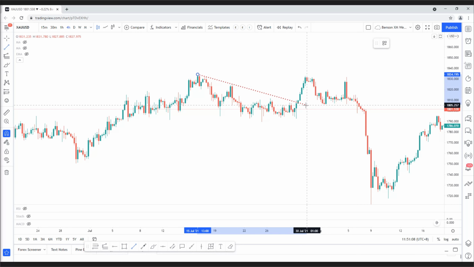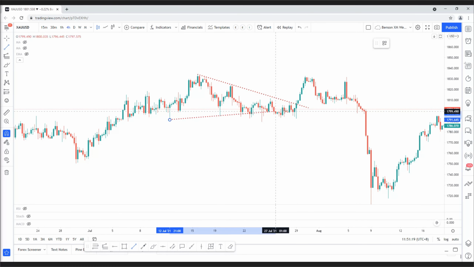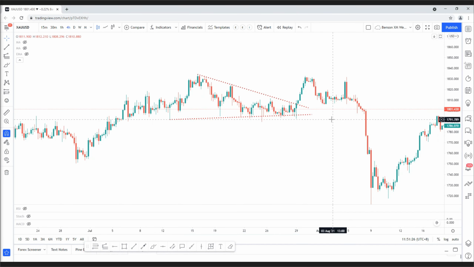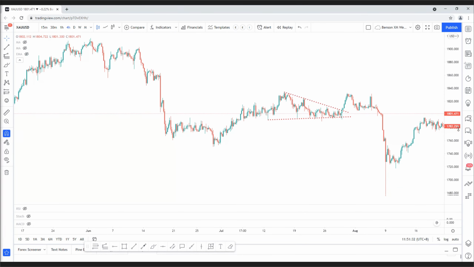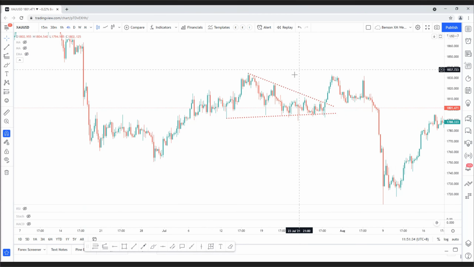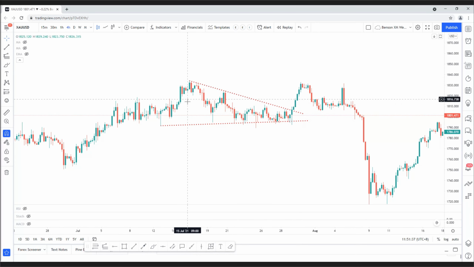Over here, previously gold was forming this ascending triangle. Ascending triangle right here. So this ascending triangle you see over here, the gold price action was consolidating in this area itself.